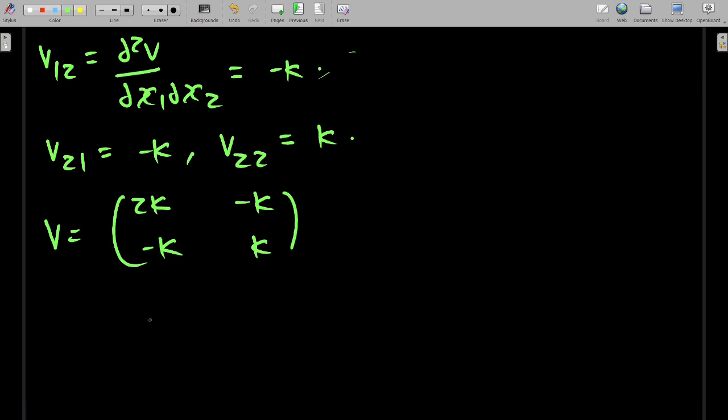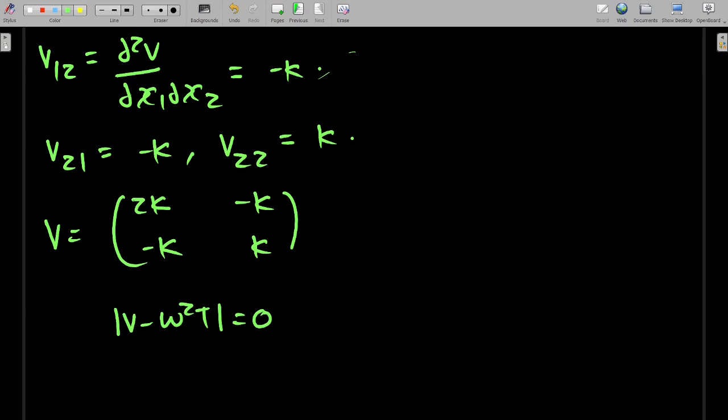For calculating the normal mode frequencies, we have to use the secular equation, and the secular equation is the determinant of V minus omega square T equal to 0. Here omega is a normal mode frequency. It will satisfy this equation.